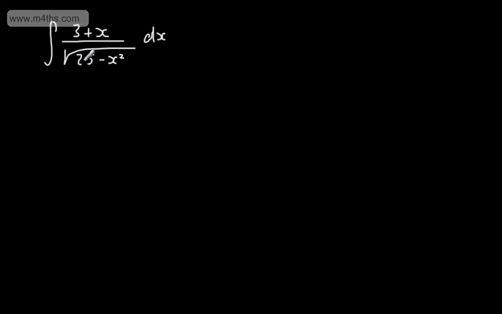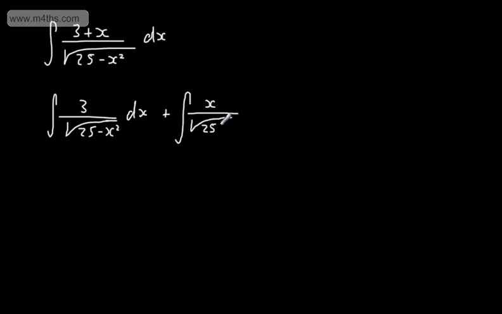So what I'm going to do is split this fraction up. We're going to have now 3 over the square root of 25 minus x squared, so if we integrate with respect to x, and we're then going to add that to the integral of x over the square root of 25 minus x squared. So we have now this integral, and we split the numerator.